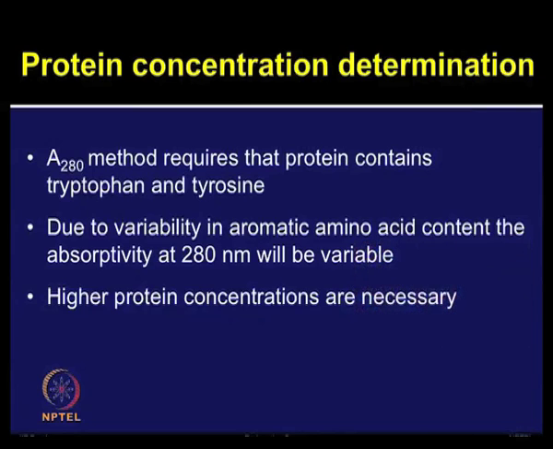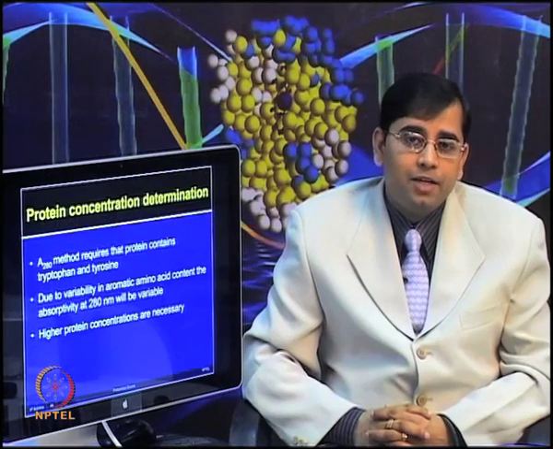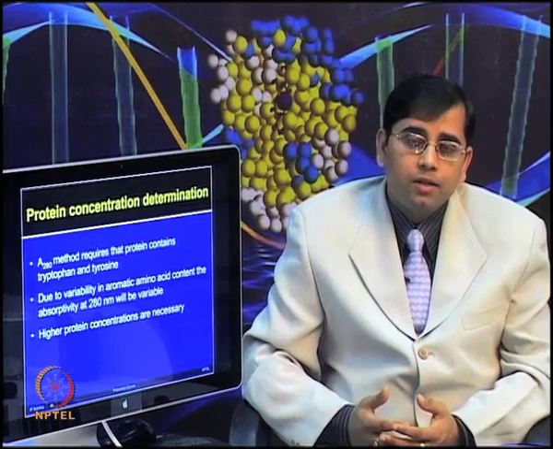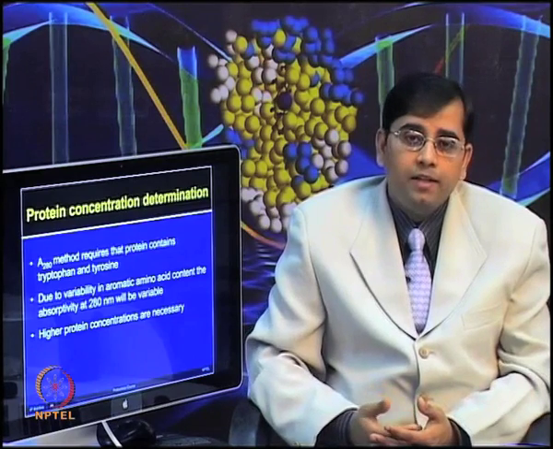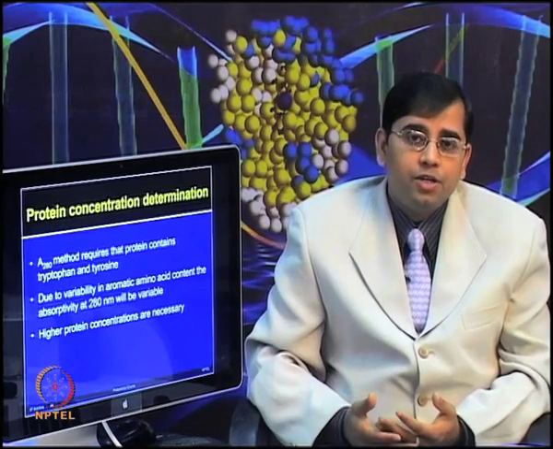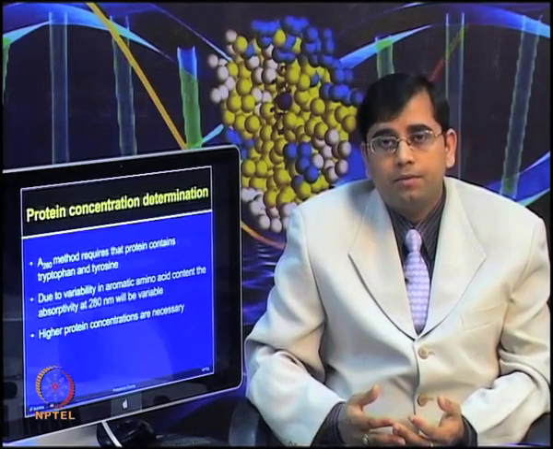Higher protein concentration is not always possible to obtain from your protein sample. So, you need to quantify the proteins even if you have a lower protein concentration. So, this method has some limitations. One, the aromatic residues have to be there to obtain the absorption at 280 nanometers, and the protein concentration should be in very high amount.